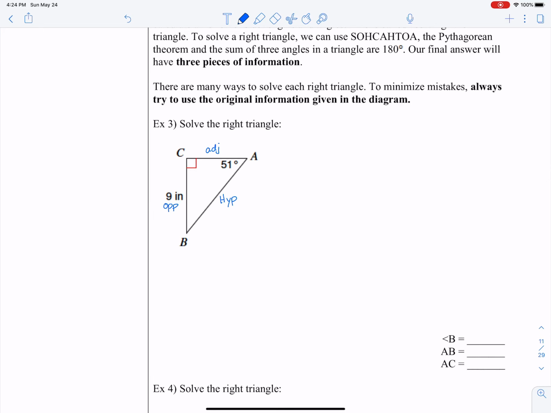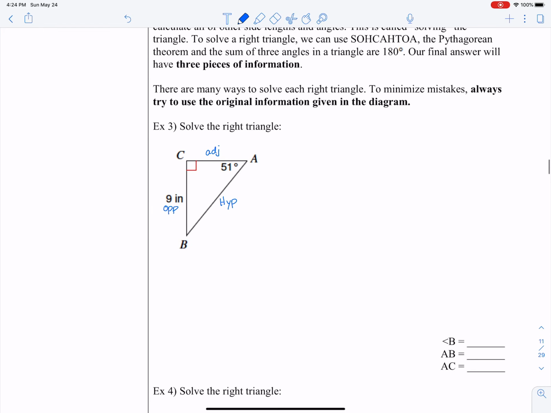So we have different pieces of information that we want, so let's write them on the side. We need all the angles: angle A, angle B, and angle C. Those are our three different angles.